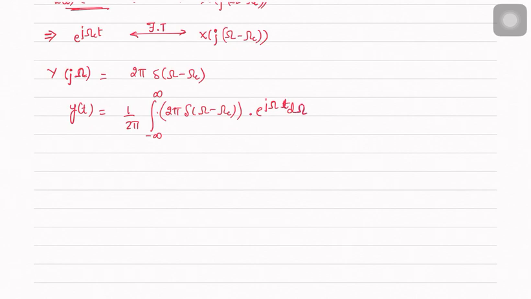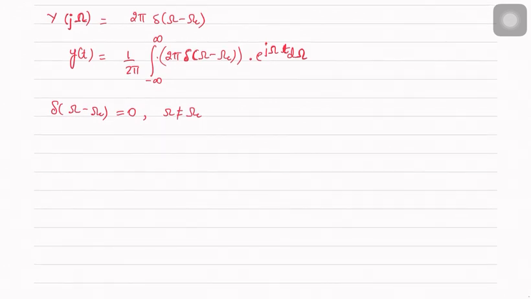But as you know, the impulse function only exists when the term inside the bracket goes to 0. Which means the value of this integrand will not be equal to 0 only when omega minus omega c is equal to 0. For all other values, omega not equal to omega c, by the definition of the impulse function, it is equal to 0. So the integrand becomes fairly simple.